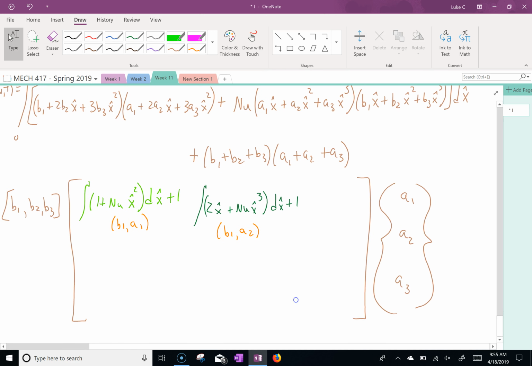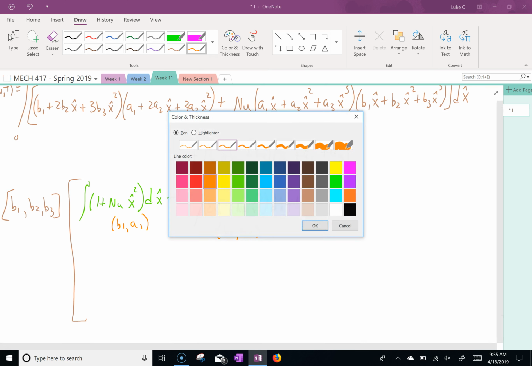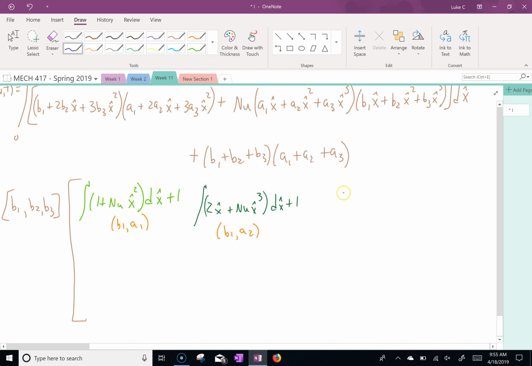And hopefully I have enough room. If I have to erase, I can erase. And I'll put the last one in purple. This would be 3x hat squared plus nu x hat to the fourth dx hat from 0 to 1. And this one is factoring out b1 a3.